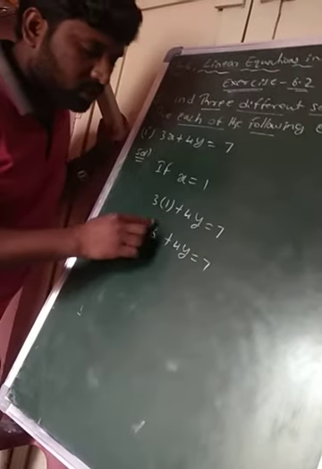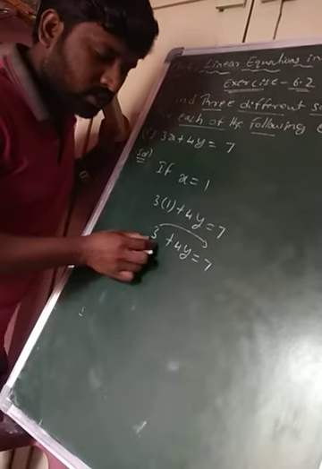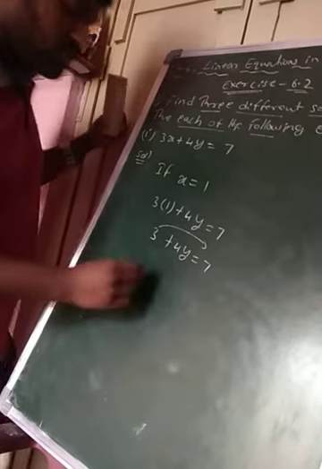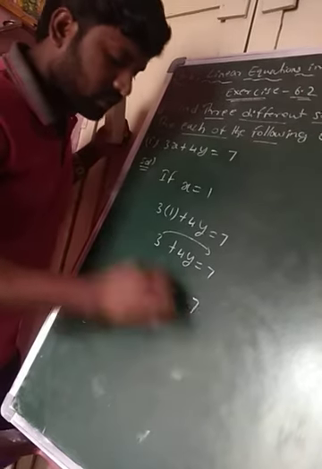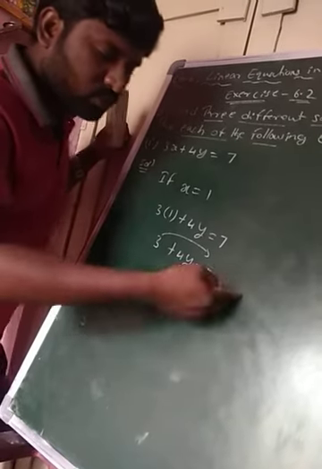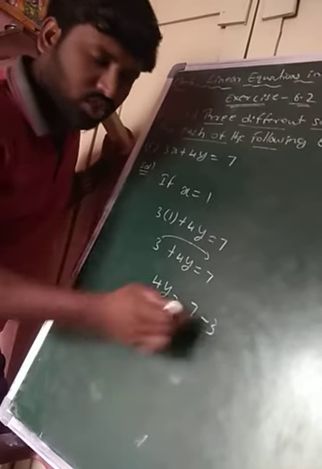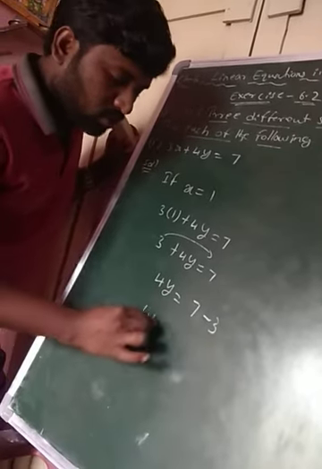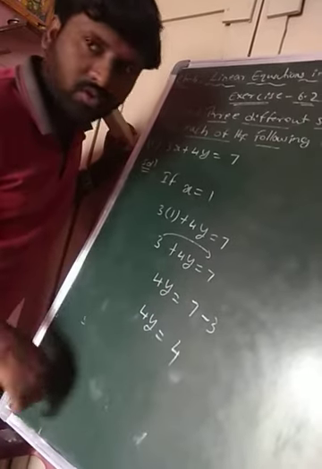Then 3 is transposed to the RHS side; the 3 on the LHS side is transposed to the RHS side. Then 4y is equal to 7, and plus 3 transposed to the RHS side becomes minus 3, the sign changes. Now 4y is equal to 7 minus 3, that is 4.